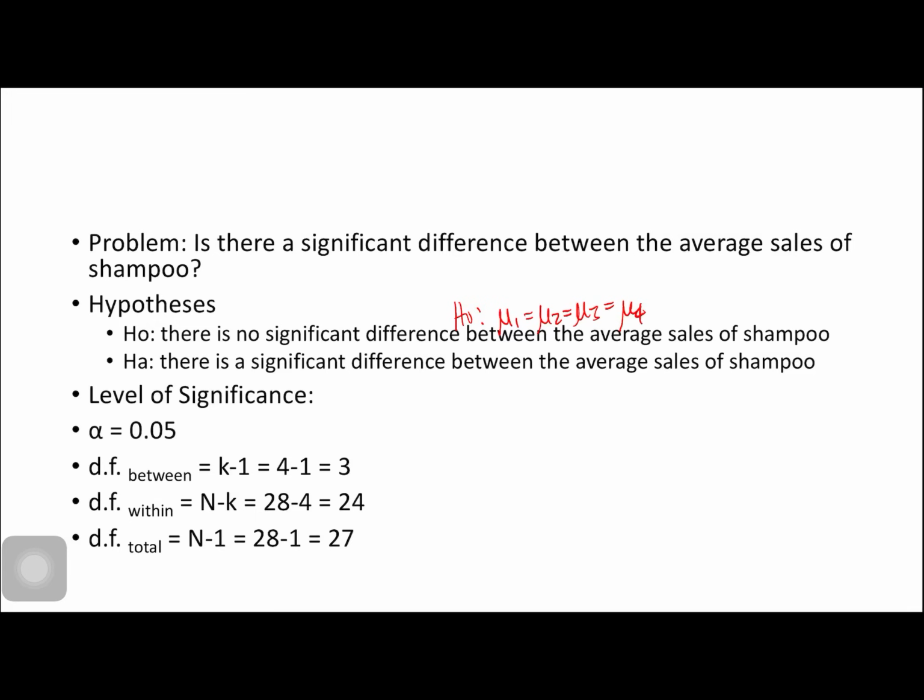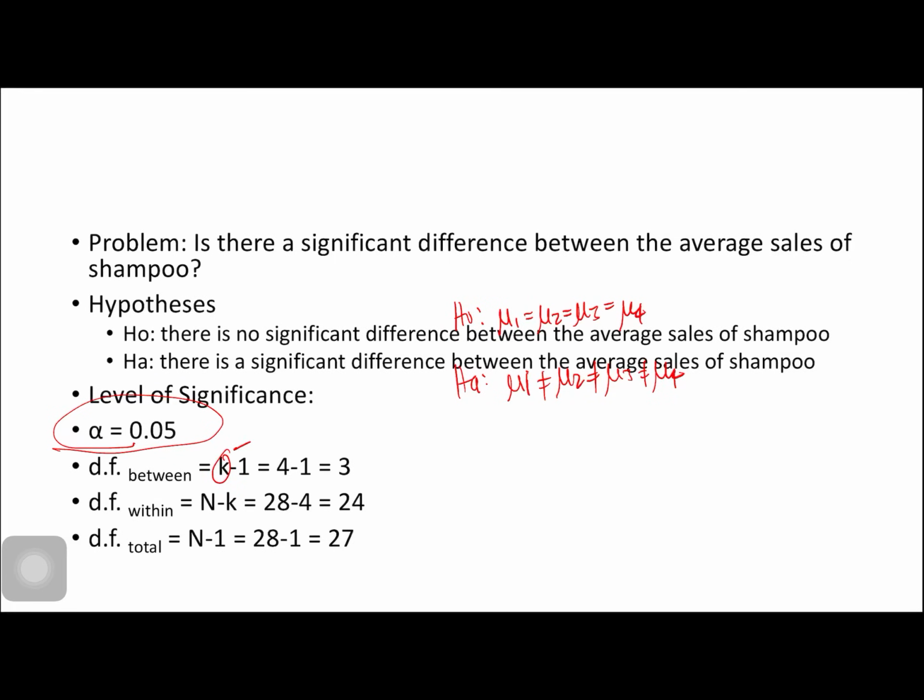Then, for our alternate hypothesis, there is a significant difference between the average sales of shampoo, or HA: mu1 is not equal to mu2, is not equal to mu3, is not equal to mu4. Then for the level of significance, we are going to base our hypothesis testing at 0.05 level of significance.